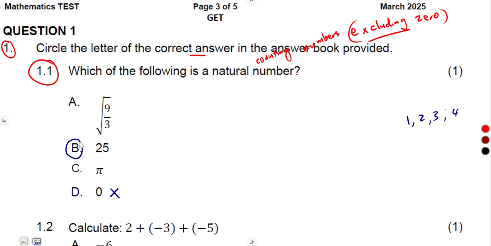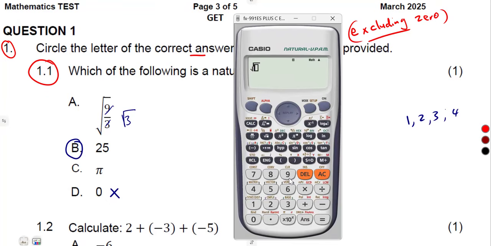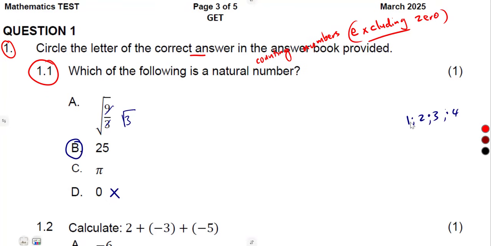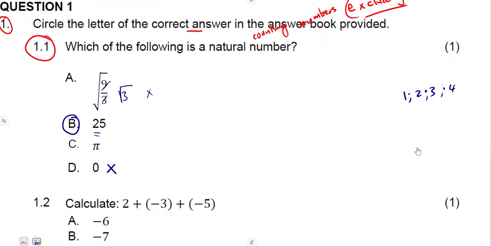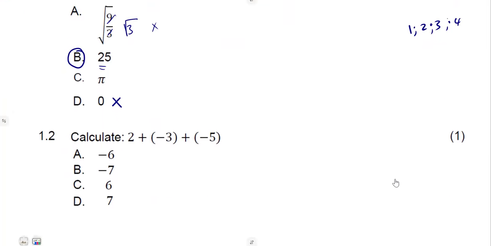Square root of 9 over 3. 3 into 9, that's a 3. So we've got the square root of 3. That's not a counting number. That's 1,7. We do not put those ones as counting numbers. So this one is totally out. So the best answer was going to be B, 25.